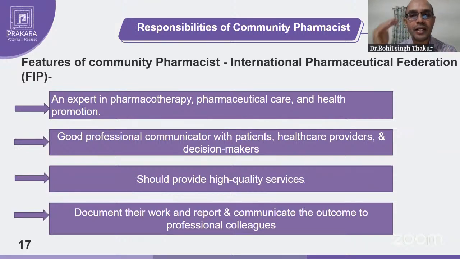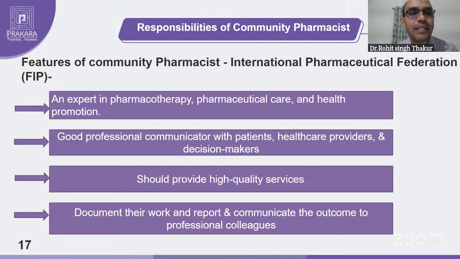Always remember, at community level, you should provide high quality services. You should always have sound, full knowledge, or a detailed pharmacological evaluation, of a particular drug, so that not blindly but with full knowledge you can dispense medication to the patient.